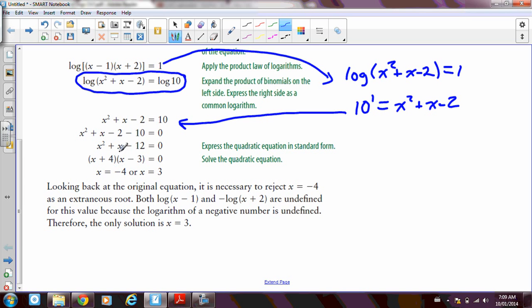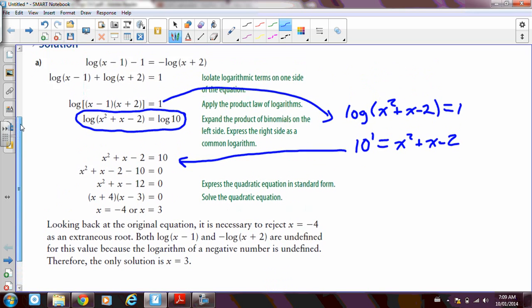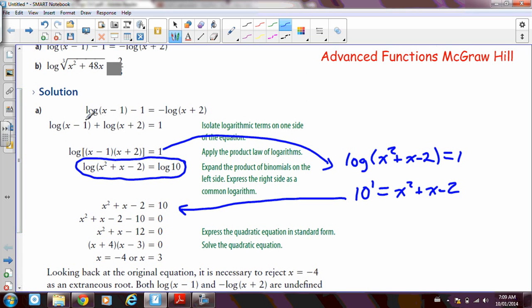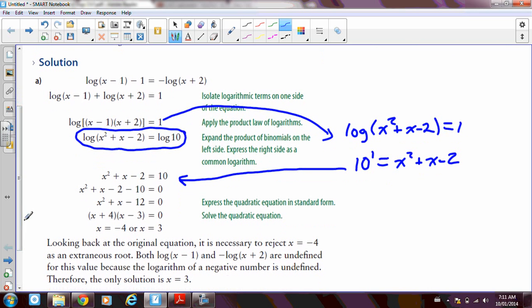When you put negative 4 into our original equation, part of that original equation is log of negative 4 minus 1, which is negative 5. So the one thing we have to be careful of is we don't want to test this value the way we would have normally in the past.